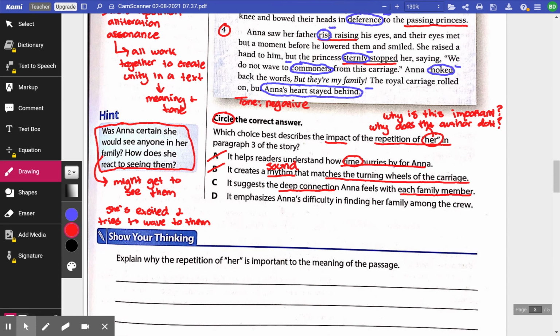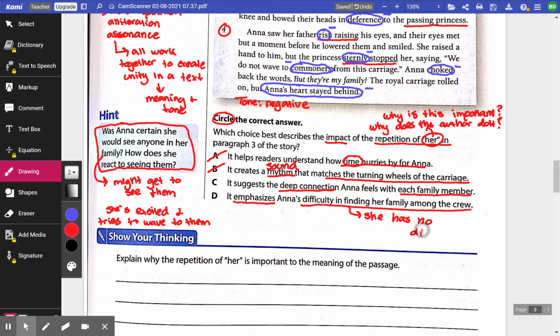Answer choice D says it emphasizes Anna's difficulty in finding her family among the crew. We know emphasize means that it's trying to bring our attention to something, and the repetition of the word "her" is trying to bring our attention to something, but it's not the fact that she has difficulty finding her family among the crew working in the fields, because she does not have difficulty picking them out from the rest.